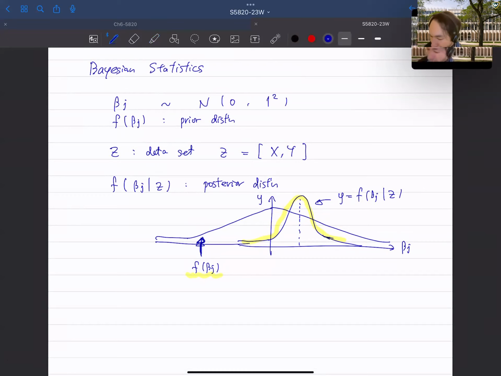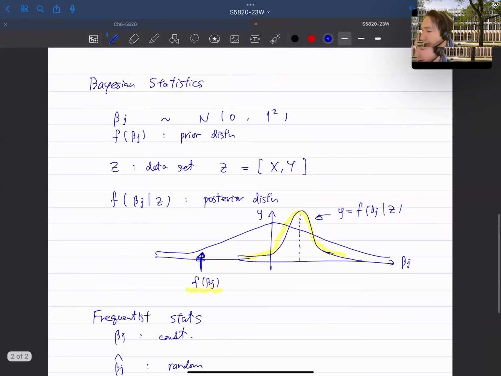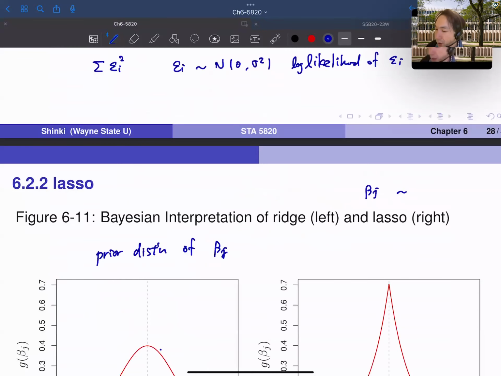So in frequentist statistics, beta j is originally constant, but just unknown. And we estimate beta j hat, and beta j hat is random, so it has some distribution. In frequentist statistics, we don't have any prior information or assumption. But in Bayesian statistics, we have some assumption.